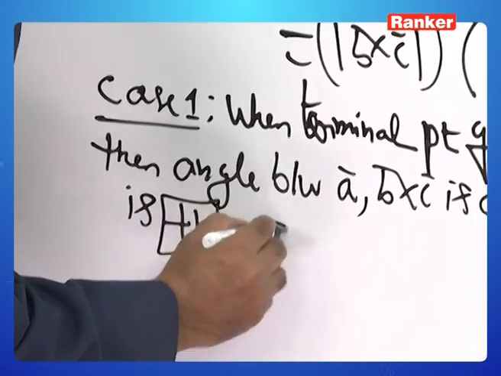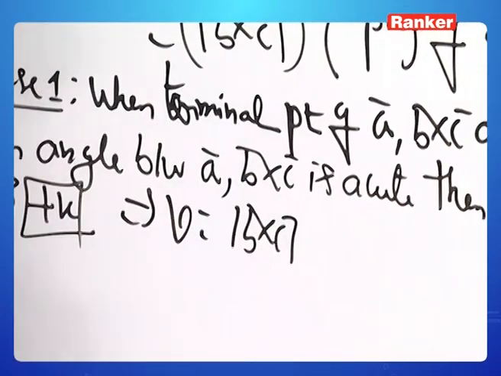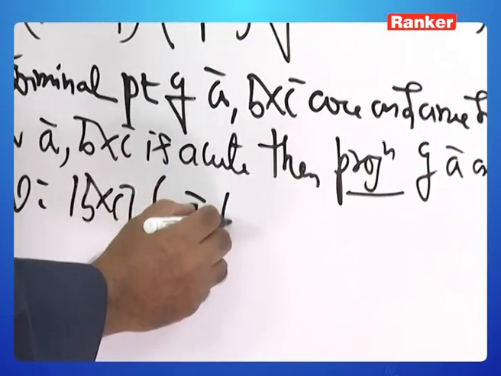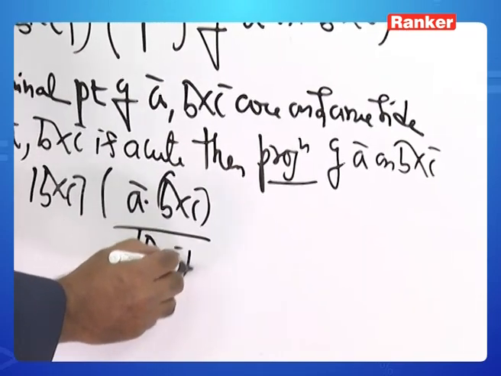Therefore, V is equal to modulus of B cross C into A bar dot B cross C by modulus of B cross C.